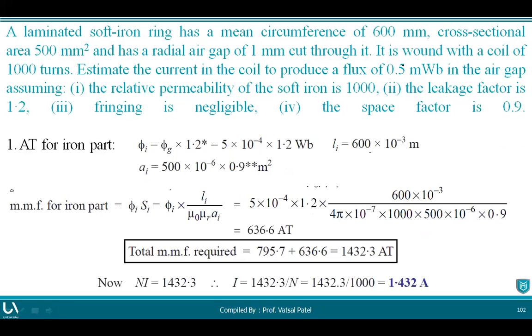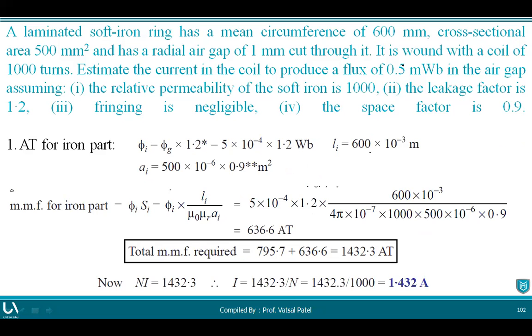See, in this example, in the second part, you can see the calculation here. The ampere turn for the iron part component is based on the leakage factor, and the flux is based on the leakage factor which is given here, as well as the cross sectional area that we will identify here based on the space factor.